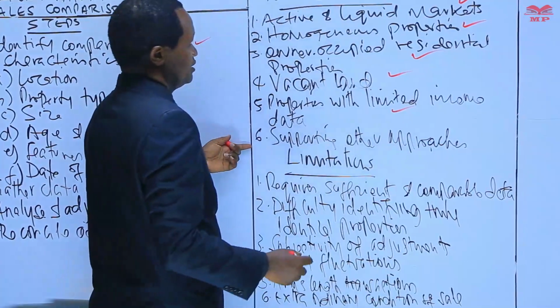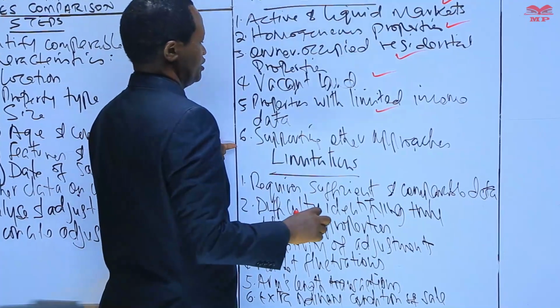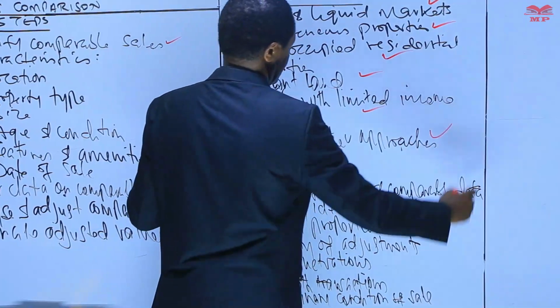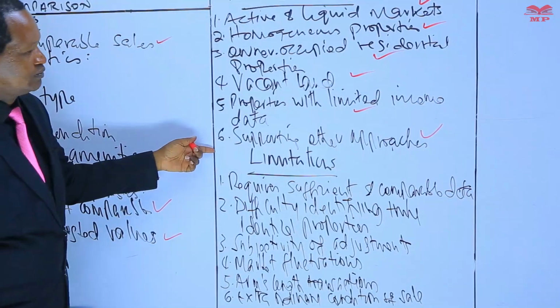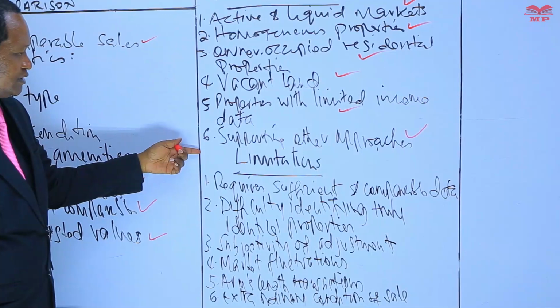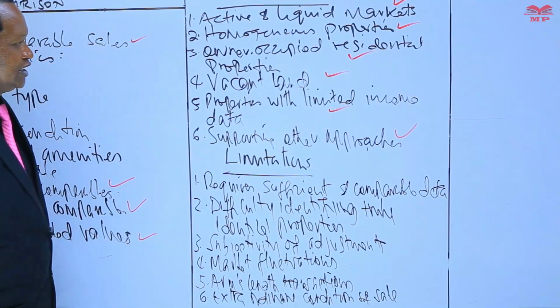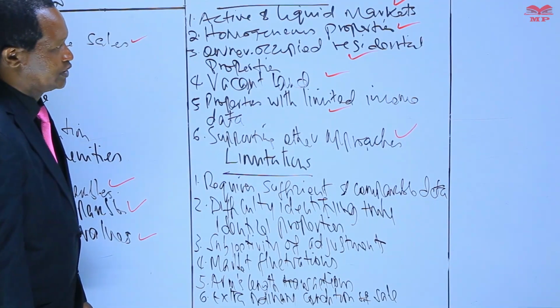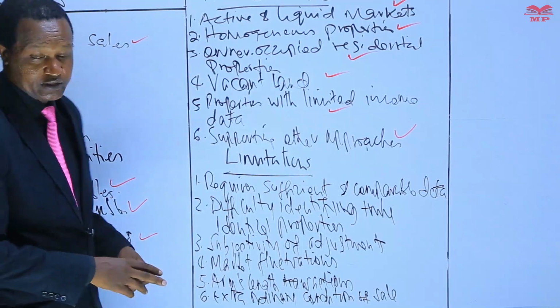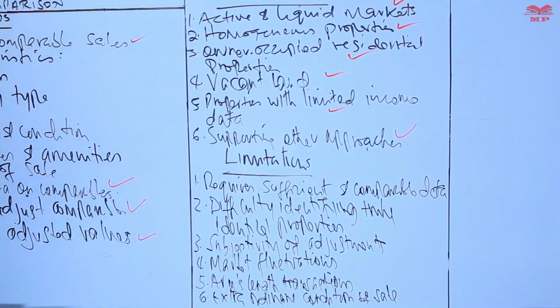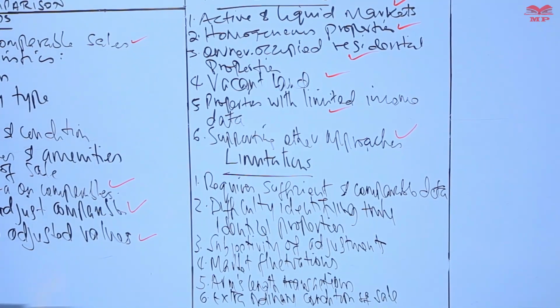And lastly, the sales comparison approach can be used to support other valuation approaches. Then these are 6 limitations. So next is to work out an illustrative example. Let's turn to the illustration on your screen. Going to work out this very fast.